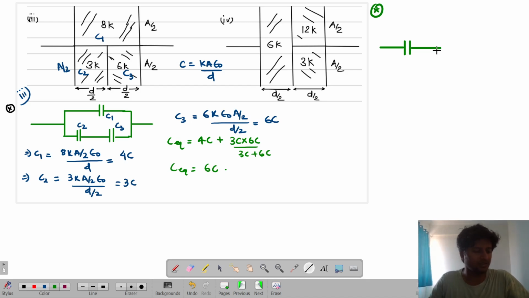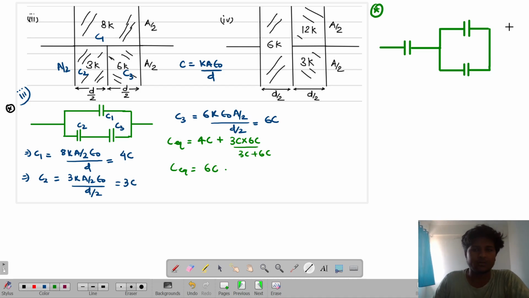Parallel connection. So what will be the diagram of this? Kind of this diagram, isn't it? Are you able to get me or not?